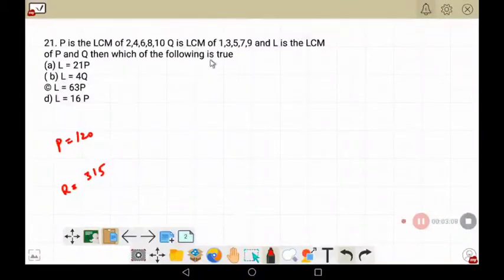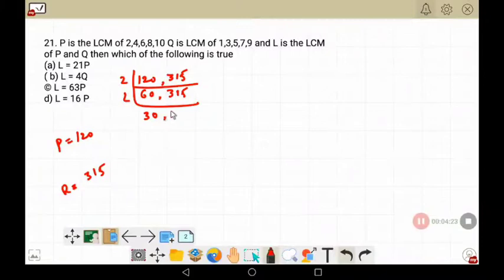Now L is the LCM of P and Q, 120 and 315. Let us start. 2 6s are 12, 0, 315. 2 3s are 6, just copy 315. 2 1s are 2, 2 5s are 10.